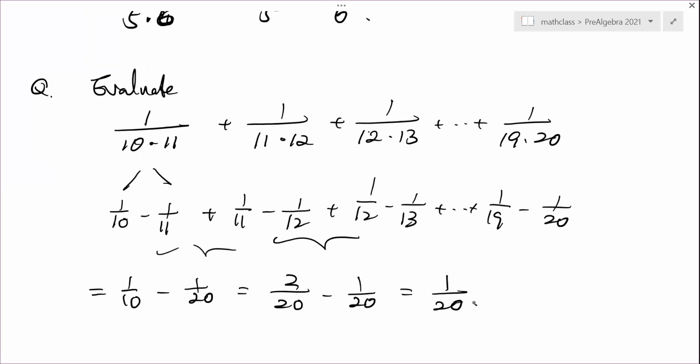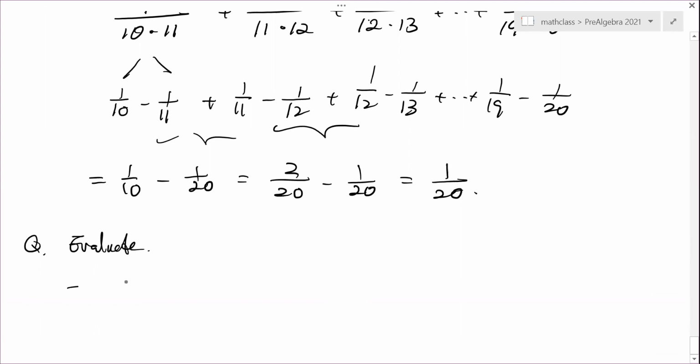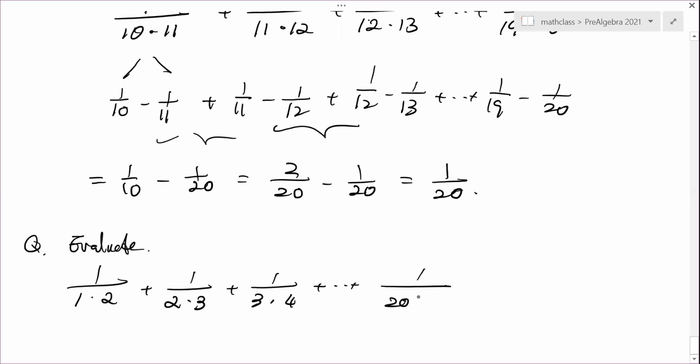All right, so I hope after you understand this, you can evaluate the following one. 1 over 1 times 2 plus 1 over 2 times 3 plus 1 over 3 times 4, and keep it going, up to 1 over 2020 times 2021.